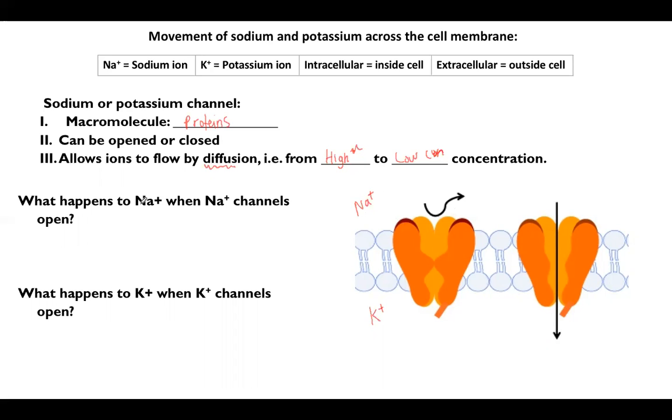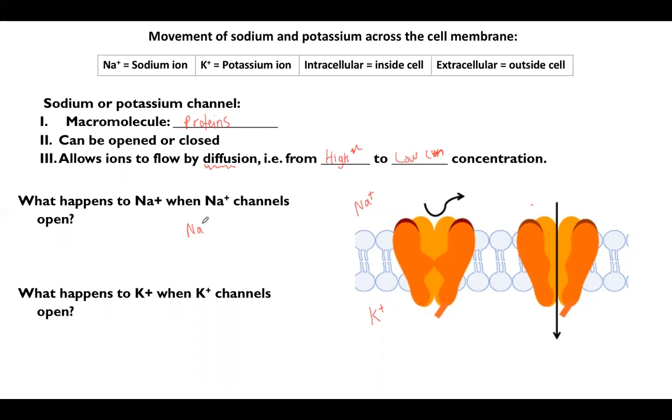So when this asks what happens to sodium when the channels open? The sodium, because it's higher on the outside of the cell, when those channels open, where do you think it's going to go? Inside the cell, yeah.